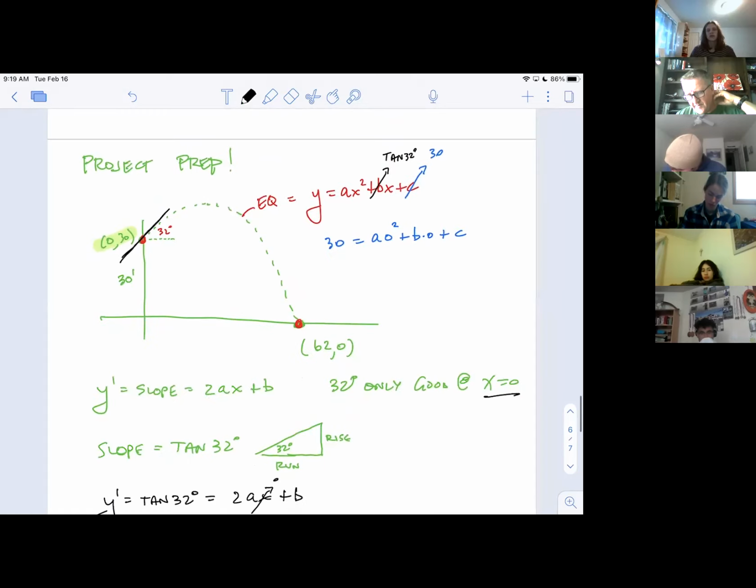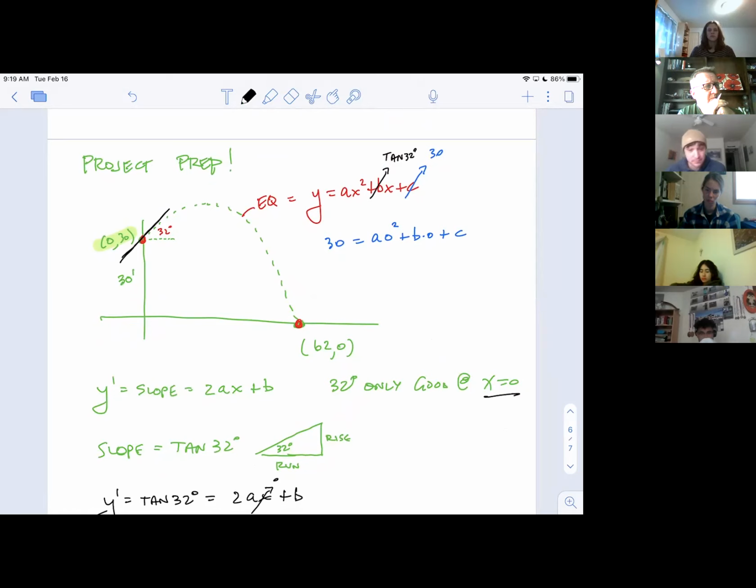How are you going to get a? Well, I guess since we know those other two values and we also know what y is, we can plug everything in and then just solve for a, right? What other two values? The tangent of 32 and 30, the b and the c, we know. Yep. We now know those for sure.